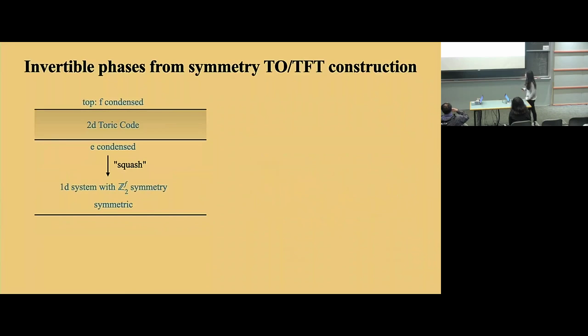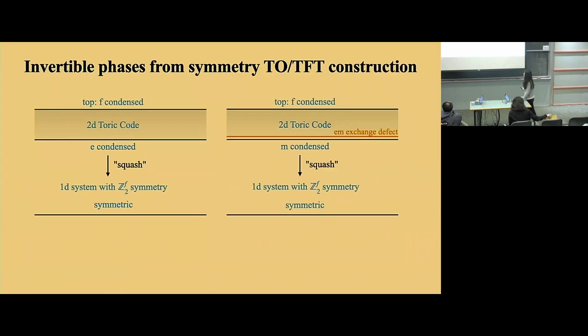And in particular, let's do an exercise. If the top is fermion condensed, and now we send the bottom to be E condensed, then using that operator mapping, you will find that this will be a 1D system that is symmetric under this Z2 fermion parity symmetry. And then you can also twist your bottom boundary to this M condensed one by using that 2D finite depth local unitary.